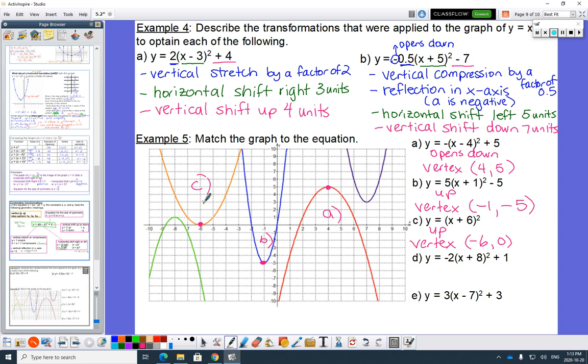This one's going to be down. Vertex is negative 8, positive 1. This one's up.